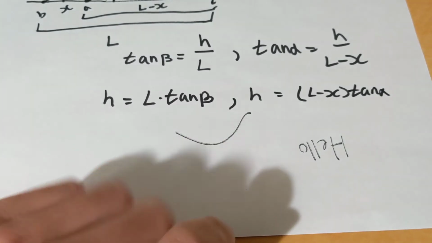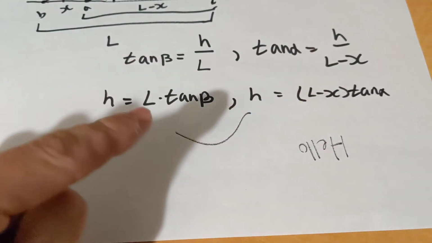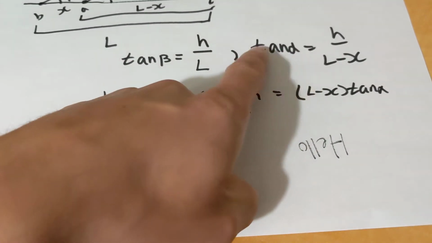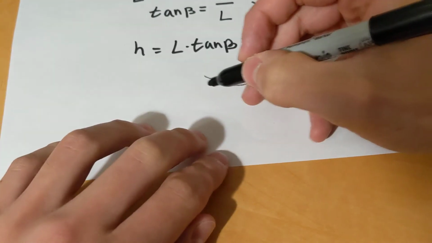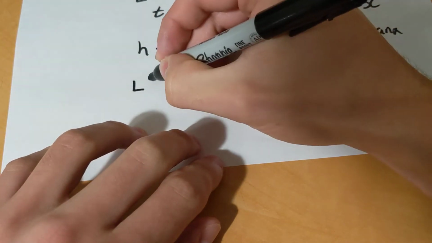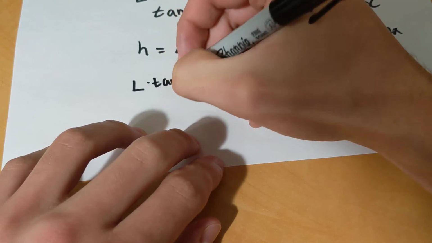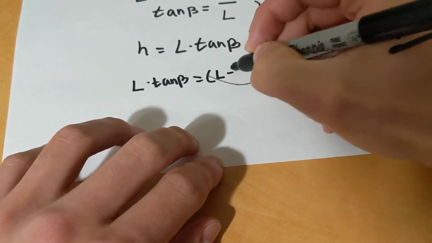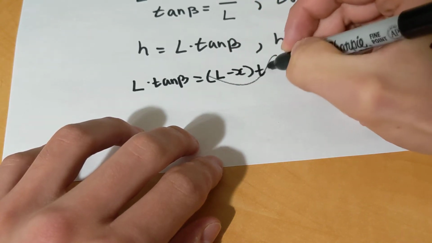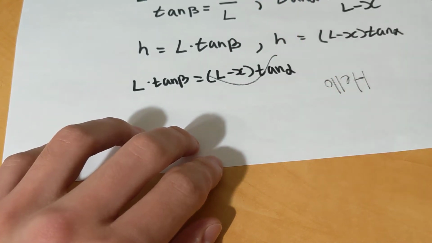I just brought that over there to solve for H. Now let's smash these together, and we'll get L times tan of beta is equal to L minus X times tan of alpha.